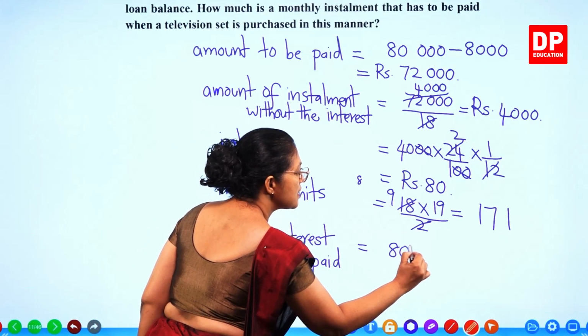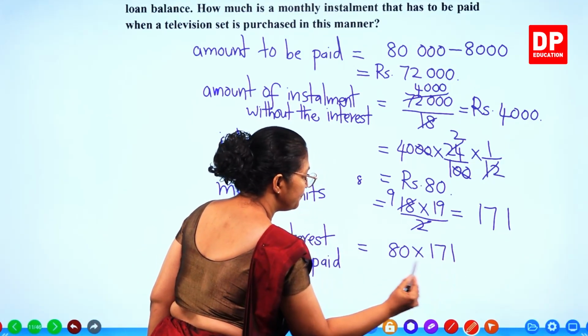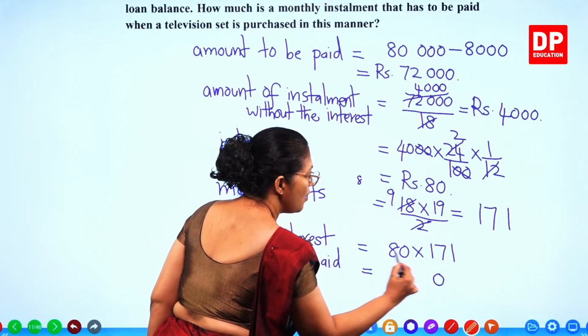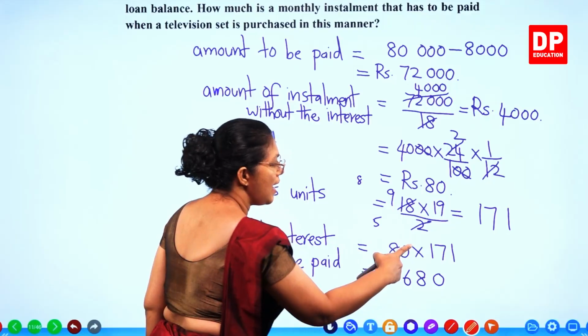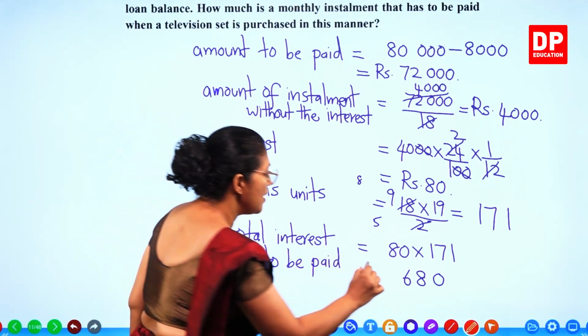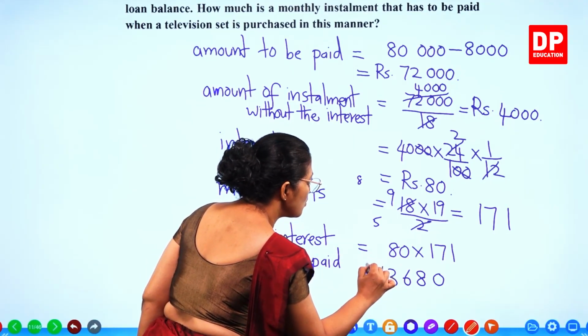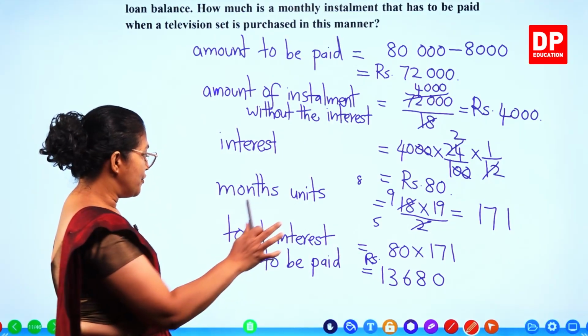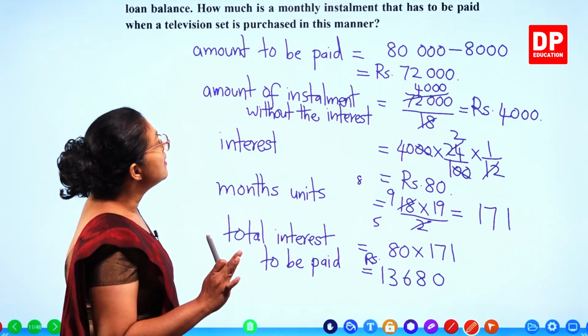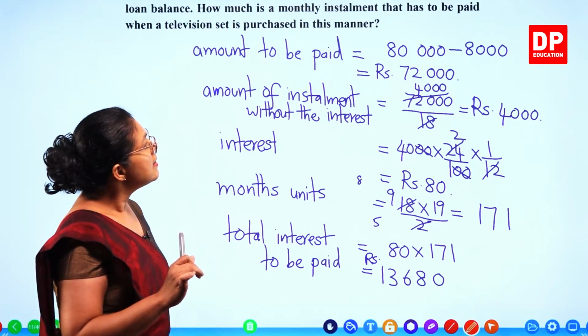So 80 times 171. 0. 8 times 1, 8. 8 times 7, 56. 5 remaining. 8 times 1, 8 plus 5, 13. So 13,680 rupees.